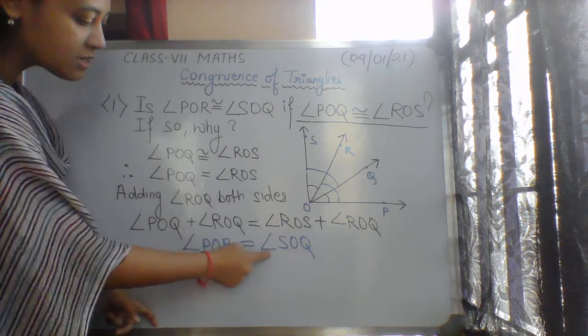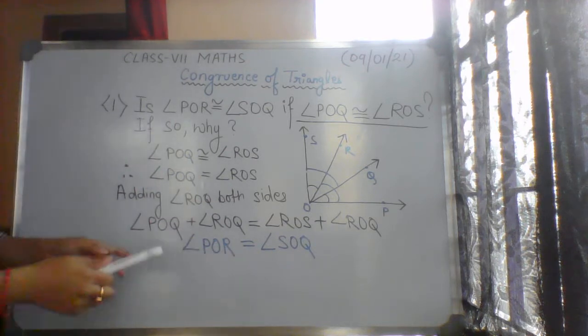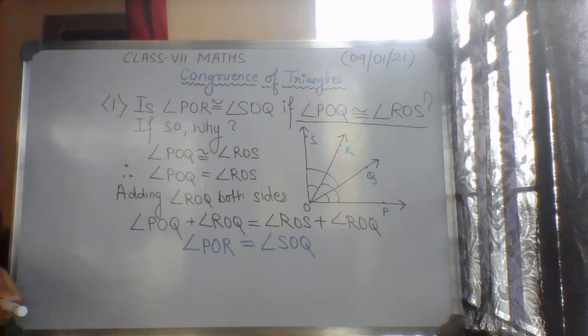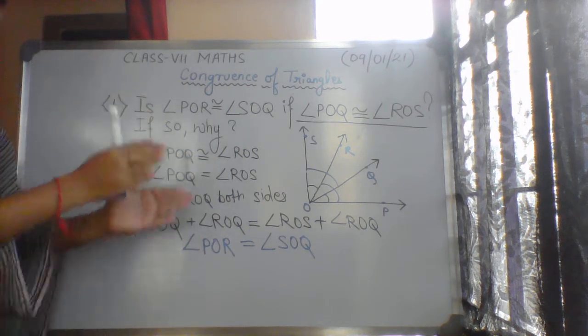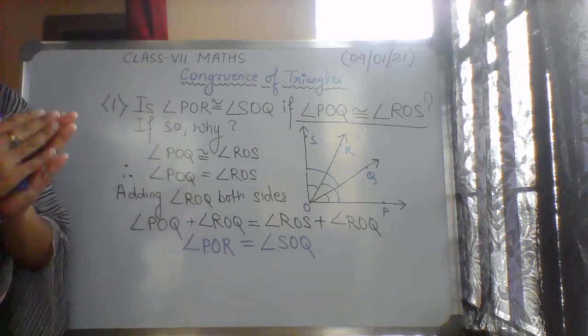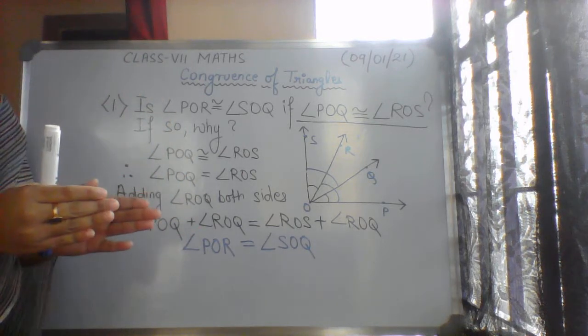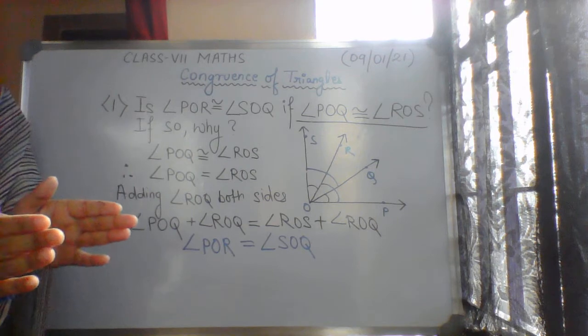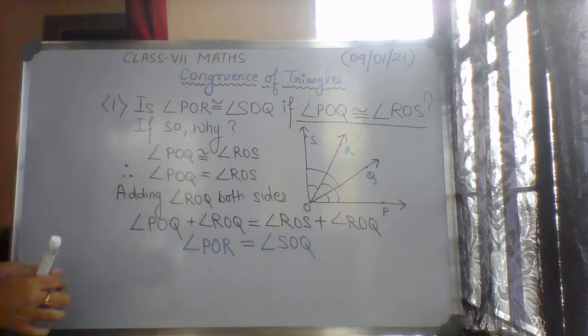Now angle measurement equal, now we can write that they will be congruent. Okay, just the opposite thing we can correlate. If angles are congruent, angle measurement will be equal. Just the opposite thing now. If angle measurement equal, then angle congruency will be there.